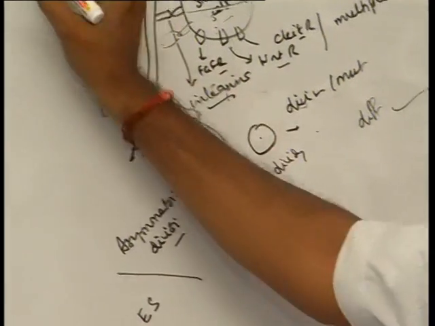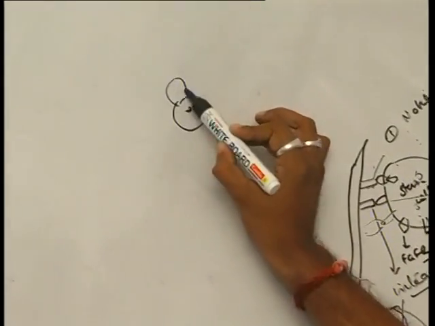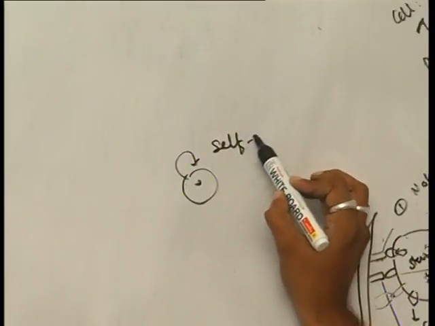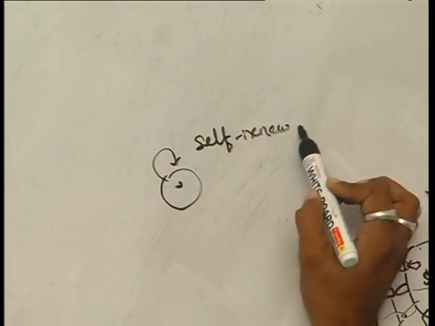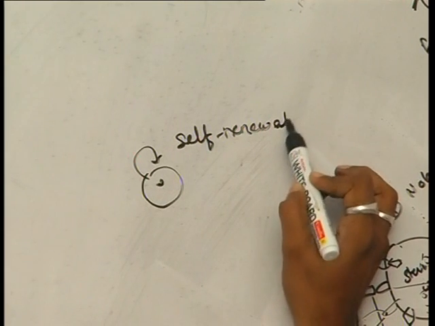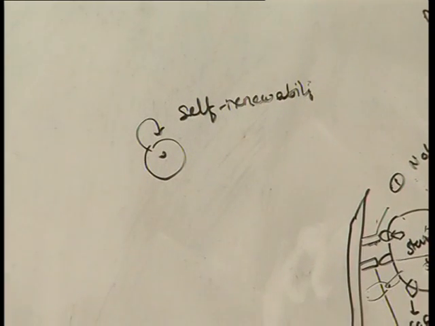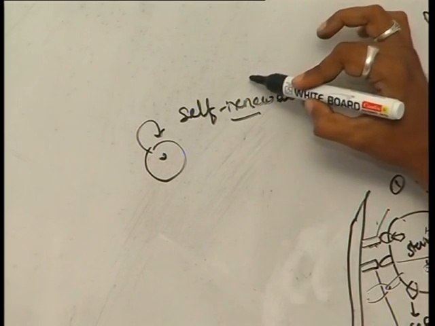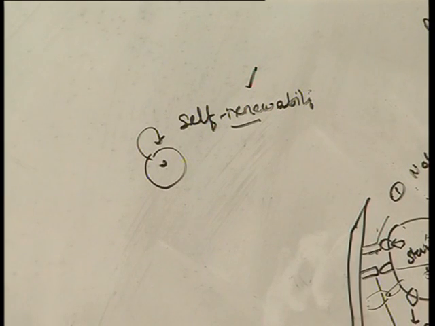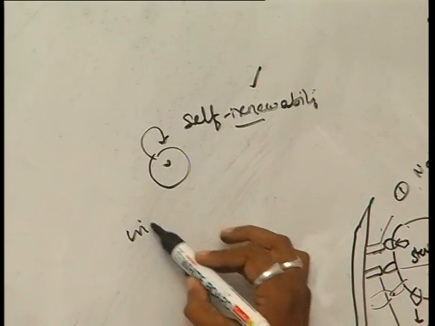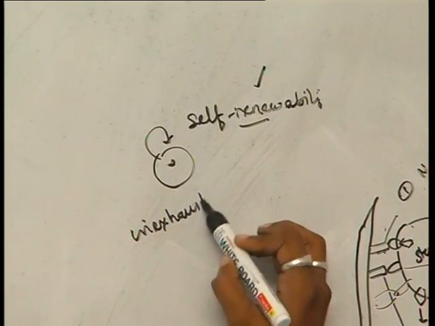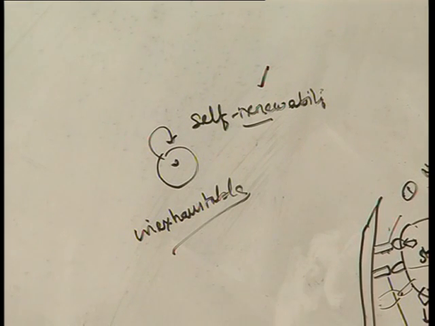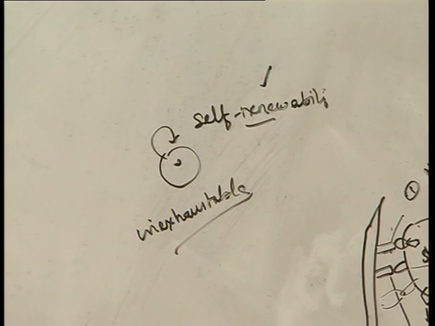This is what they call self-renewability. The cell renews itself, though it has passed one of its progeny to division. So a stem cell always self-renews, otherwise they are inexhaustible. Theoretically they are inexhaustible.